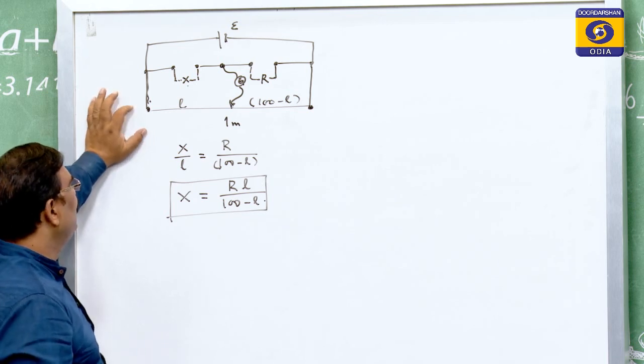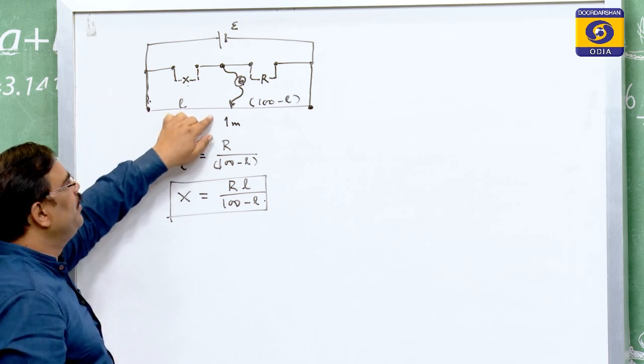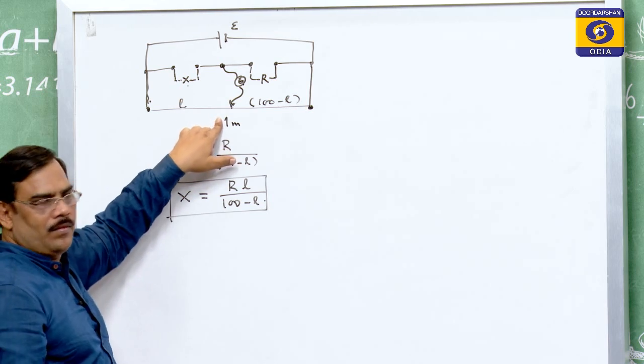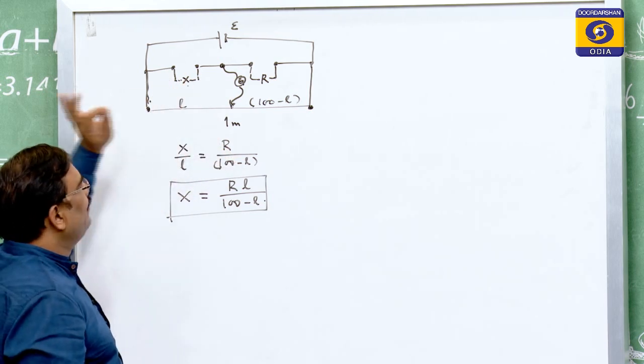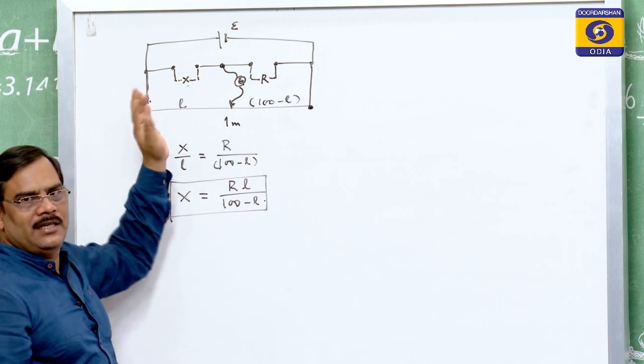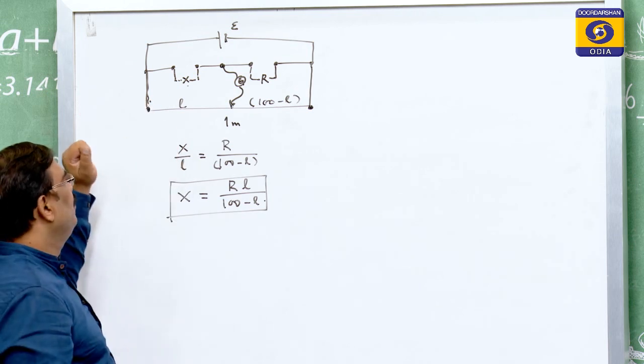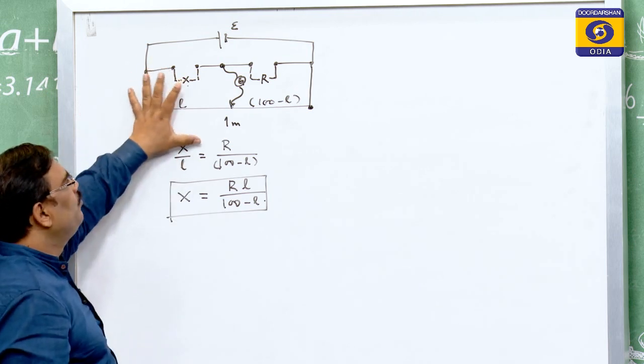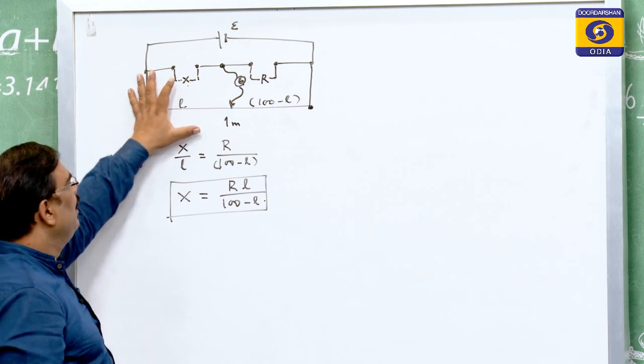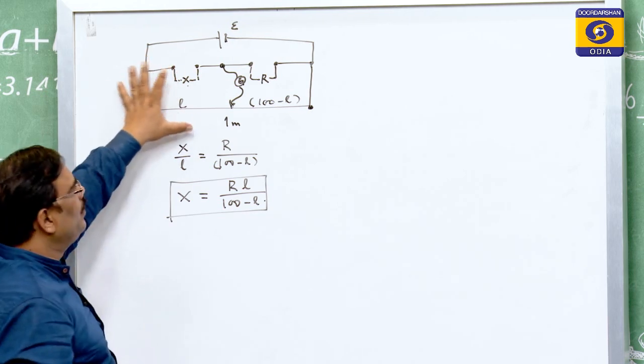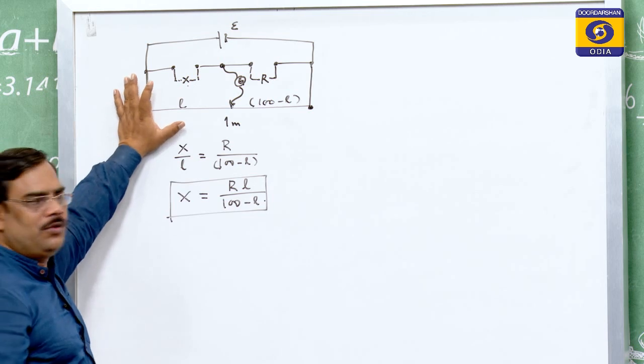If I change the length of this meter bridge wire to any length like 10 meter, 20 meter, 30 meter, then actually it becomes a potentiometer. In this case, what is the merit of a potentiometer over a voltmeter?